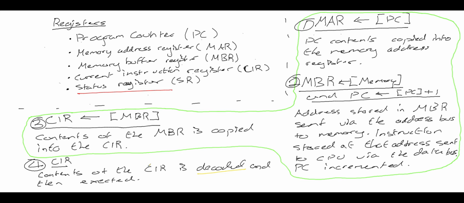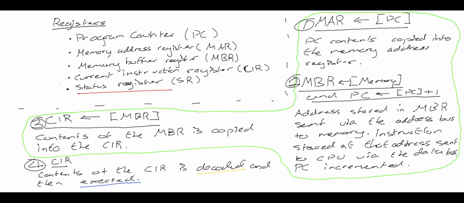So that's the decode part of the cycle. The instruction is decoded by the control unit, and the control unit splits the instruction into the opcode and the operand.